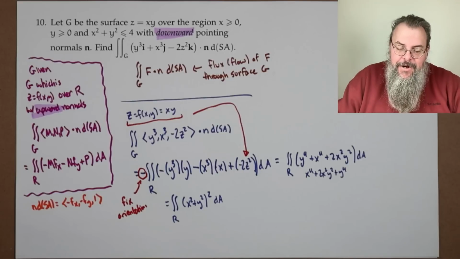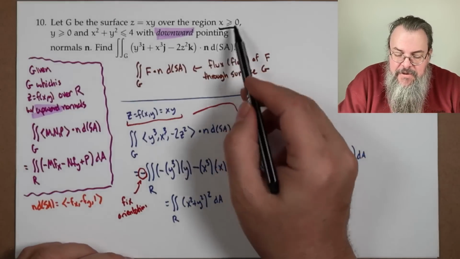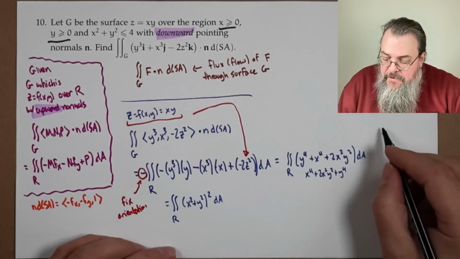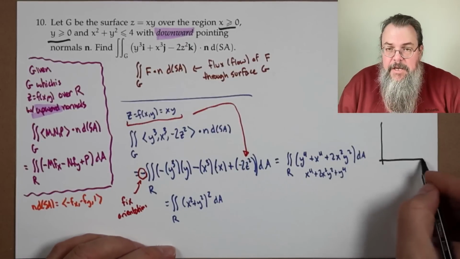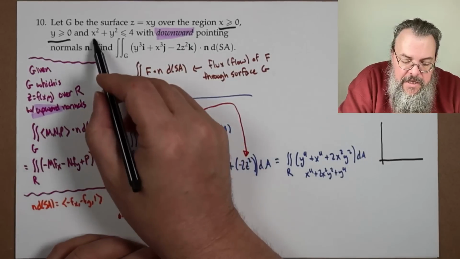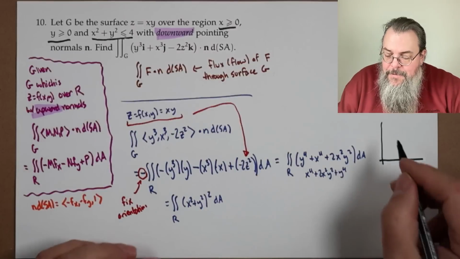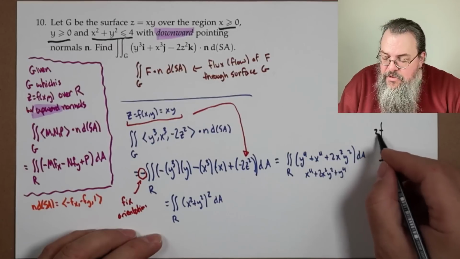Okay, so our region, we had these three pieces. X and y are both positive. That means we're in the first quadrant. Okay. And now this last piece, x squared plus y squared less than or equal to 4. Well, that's the circle of radius 2.